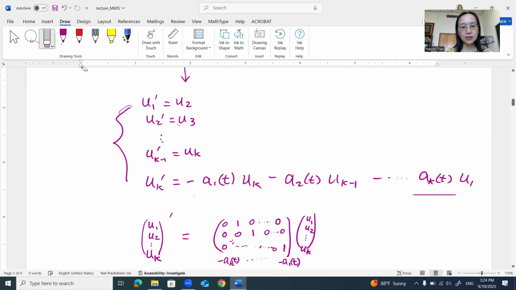So this matrix is the coefficient matrix. So you can see this is a linear system, non-autonomous but linear.